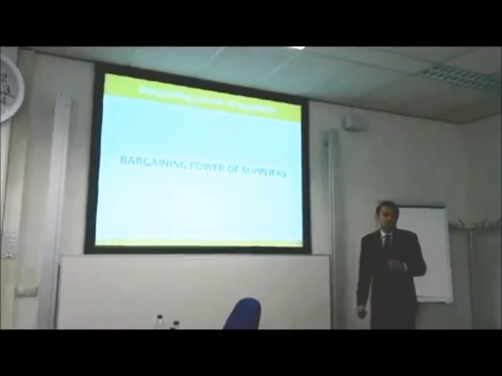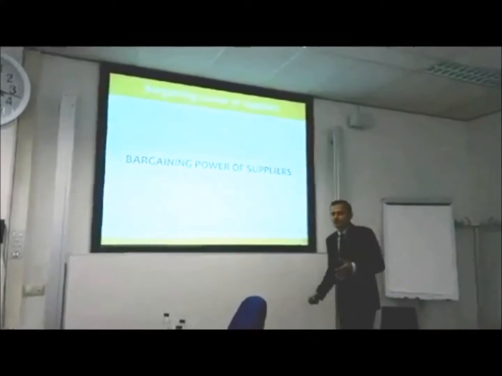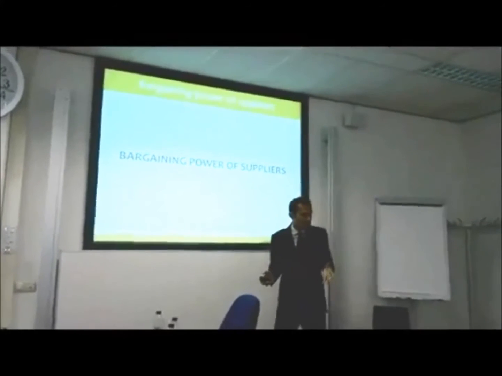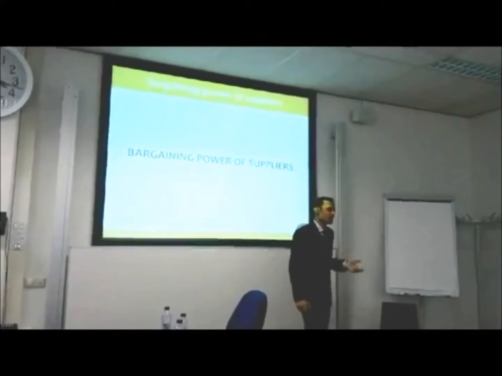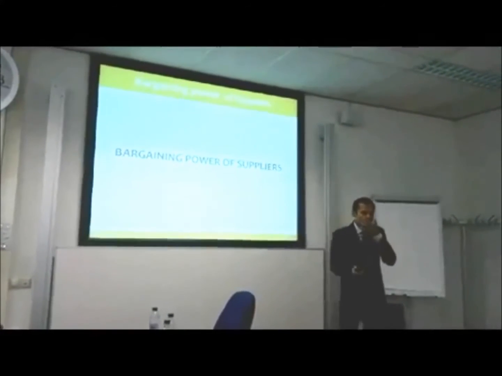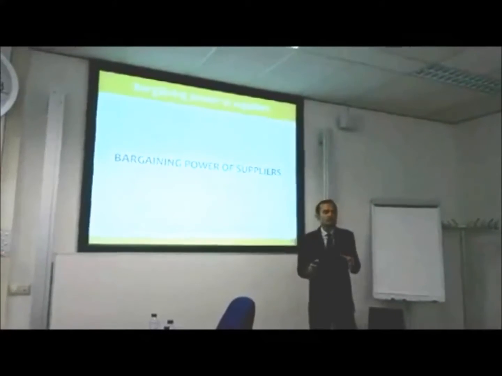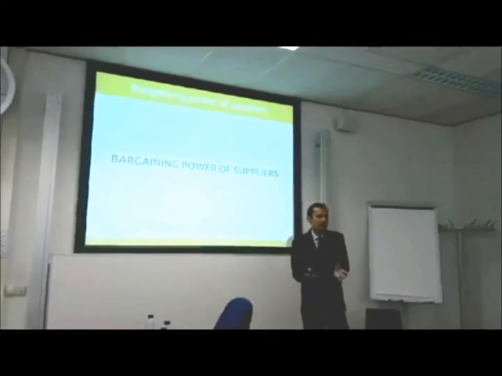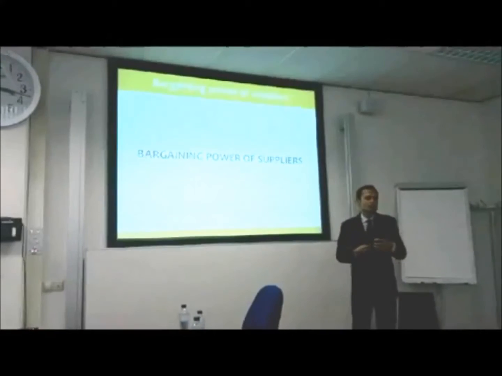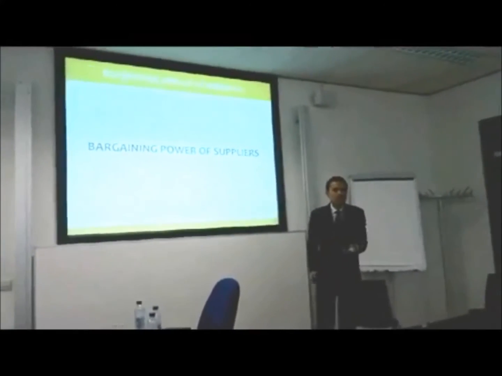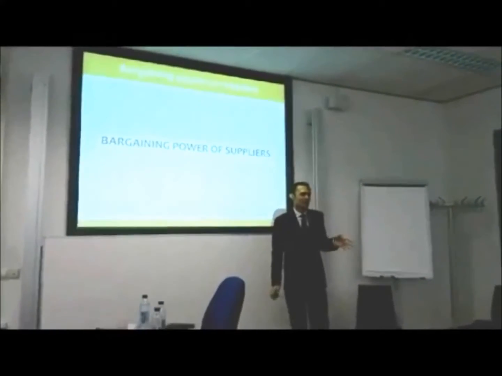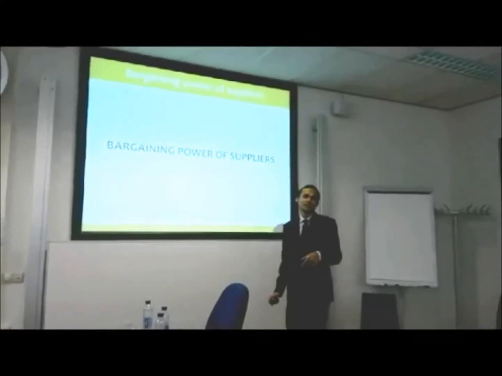Now, bargaining power of the suppliers. Who are my suppliers? Network infrastructure providers, right? The tower provider, IT service provider, content service provider. The competition among the suppliers themselves is so intense that they're not in a position to threaten the operators. At the same time, right now the Chinese are coming in, even in Bangladesh and Netherlands.